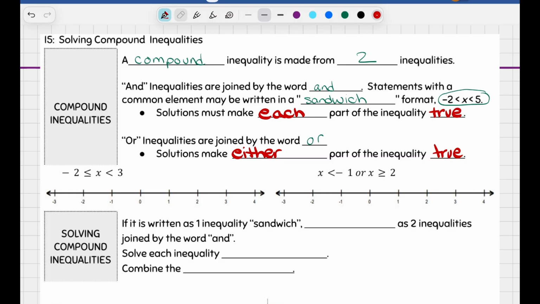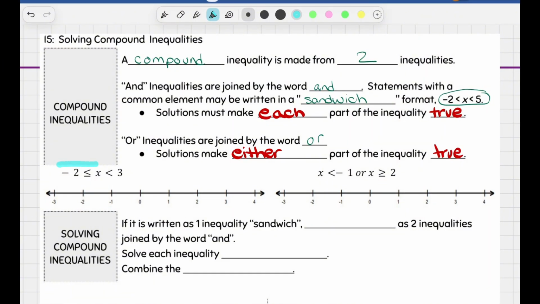Over here, I have two inequalities. I have -2 is less than or equal to x, and I also have the inequality that x is less than 3. So make your life easier. Write them out. This one is -2 less than or equal to x.